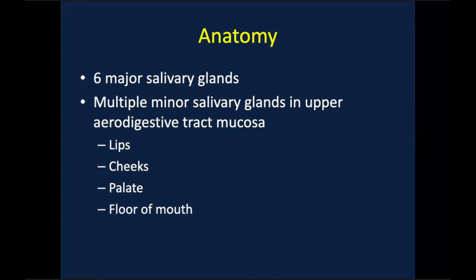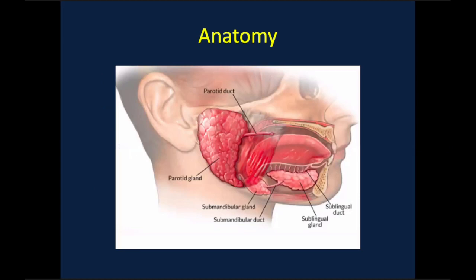This diagram shows the arrangement of the major salivary glands, the parotid with the parotid duct, the submandibular with the submandibular duct, and the sublingual gland with multiple ducts.